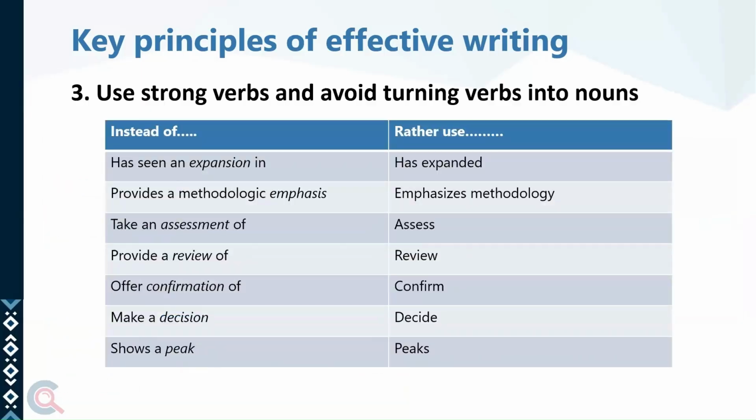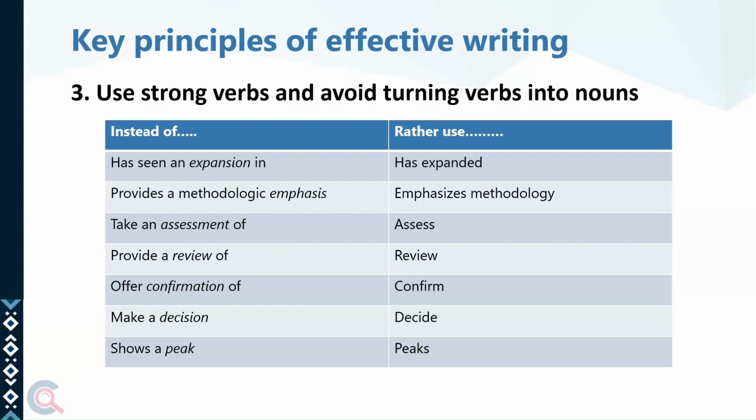So here are some examples of how we usually employ nouns in our sentences, and we can rather use the verbs of those nouns to shorten our writing and make our sentences clearer. For example, has seen an expansion in can simply be reduced to has expanded.